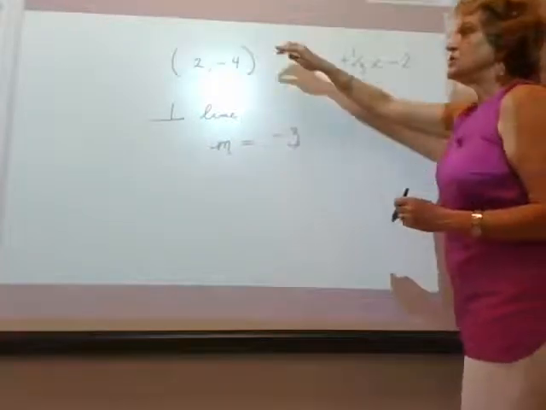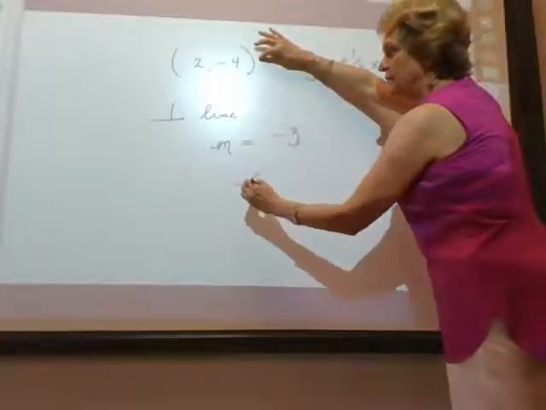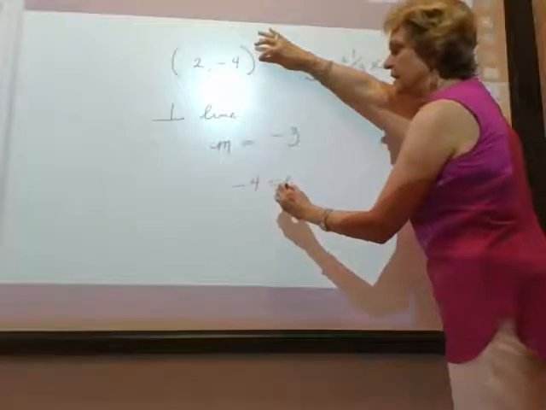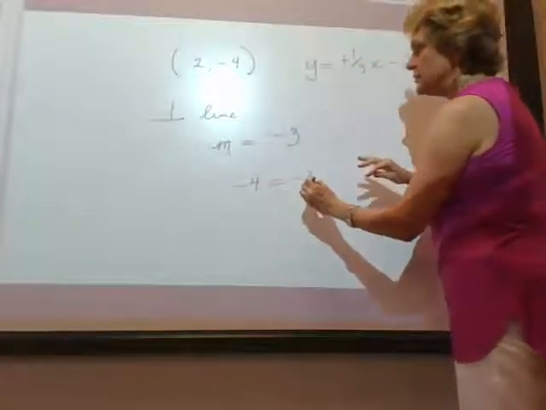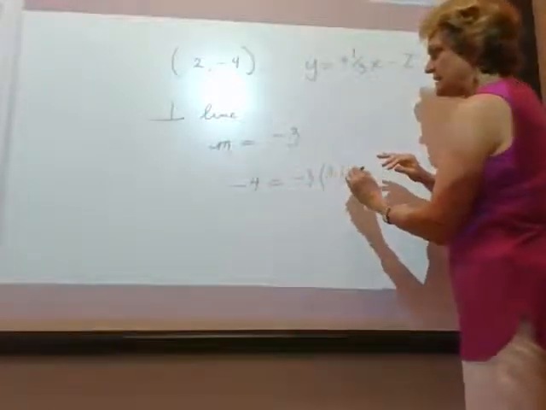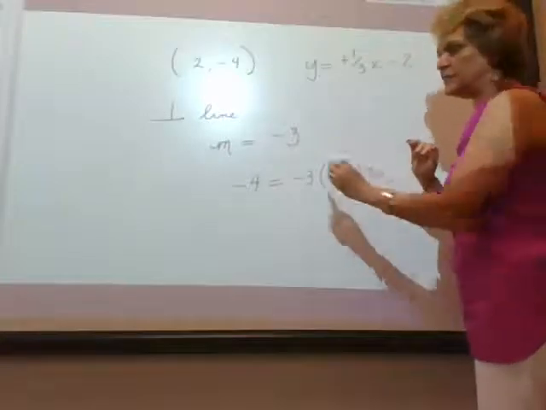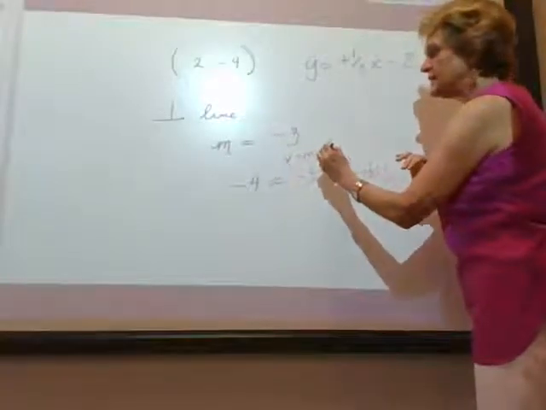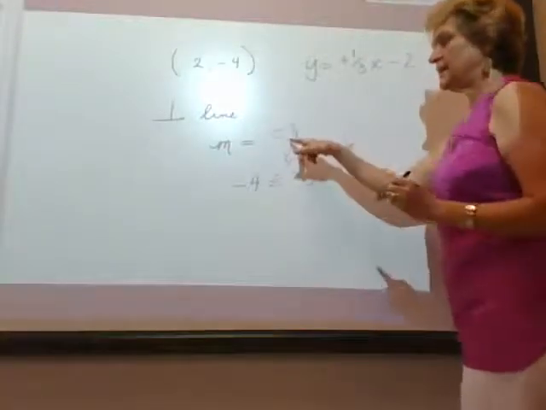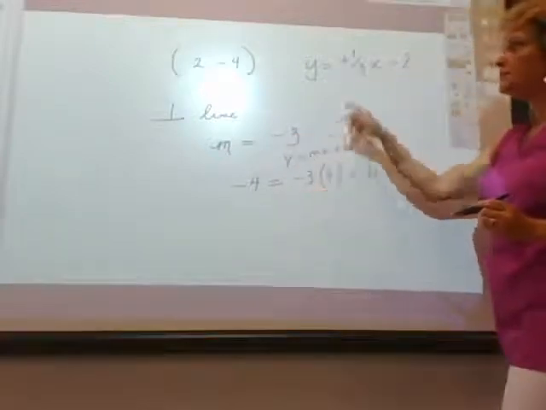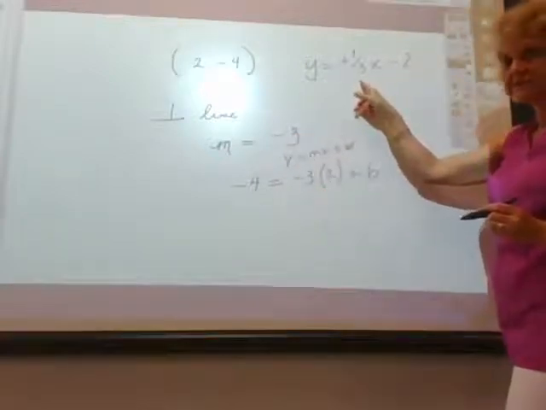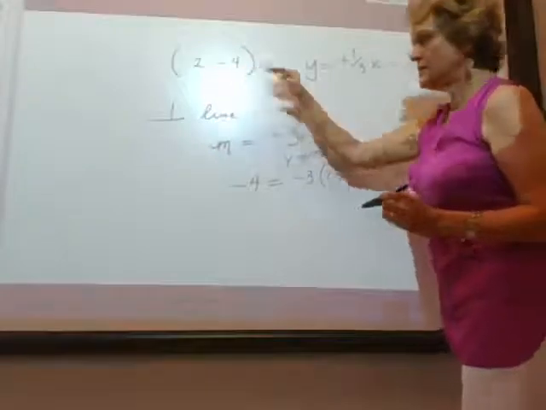So I would plug in -4 for y equals the slope times the x plus b. Remember, I'm plugging into y equals mx plus b, plugging in the slope that I found, which is perpendicular to this, and the x and the y.